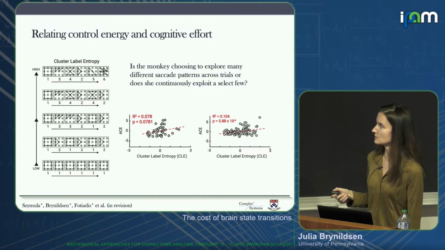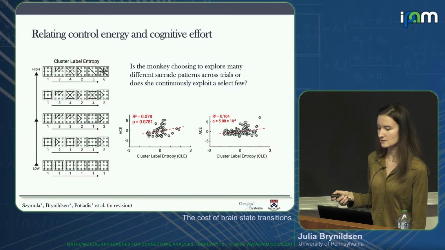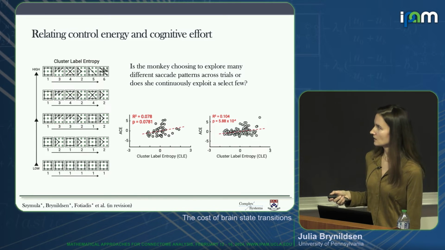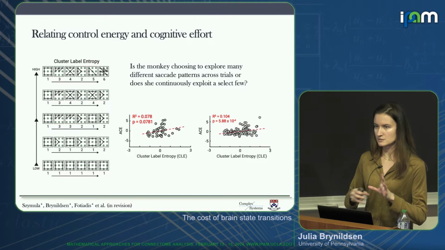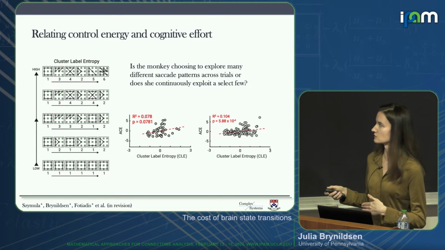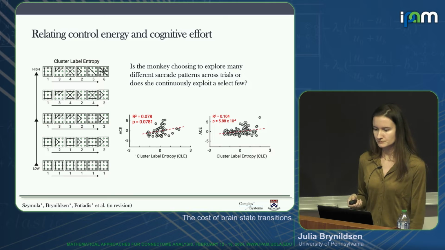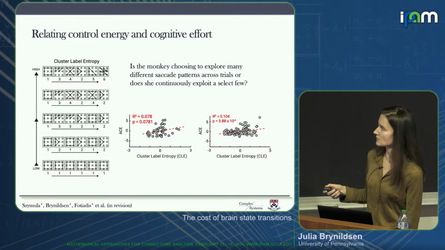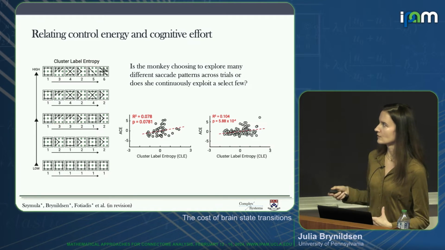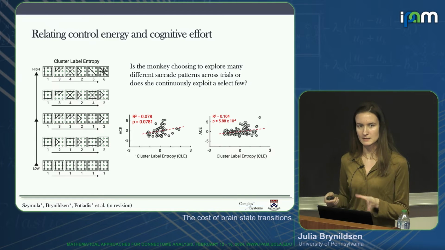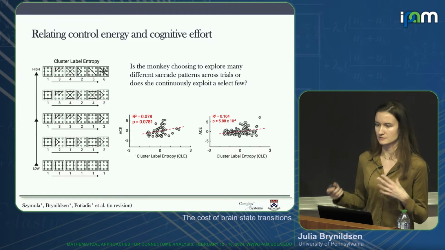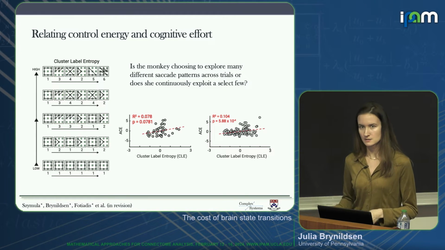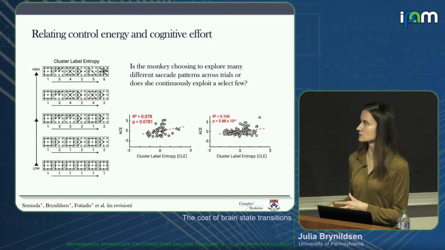Another metric that we examined is cluster label entropy. And this was obtained by performing hierarchical clustering of the different saccade patterns performed over the course of trials. And this metric addresses the question of whether the monkey is choosing to explore many different saccade patterns, or does she tend to continuously exploit a select few patterns, as you would expect once habitual behavior is established?